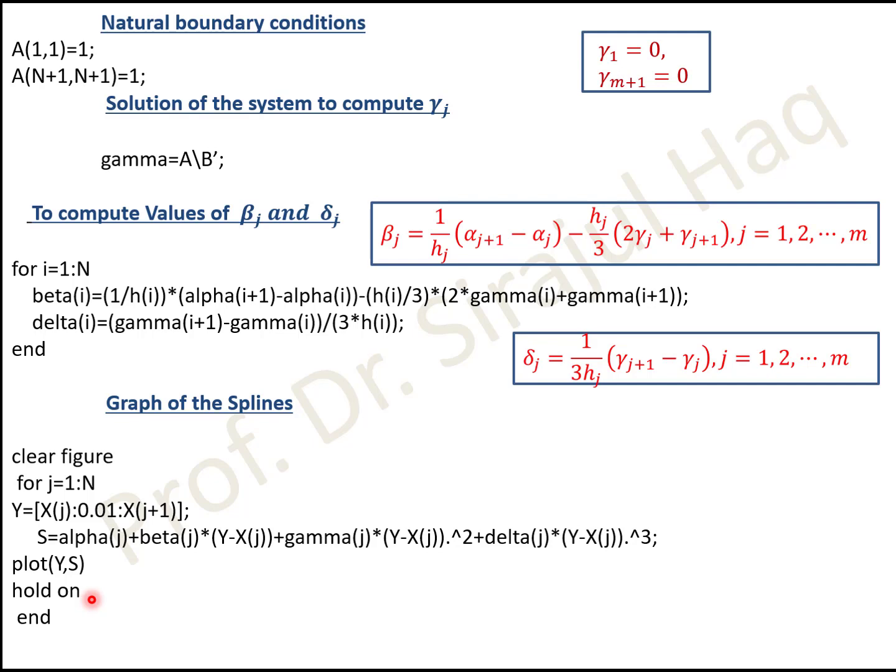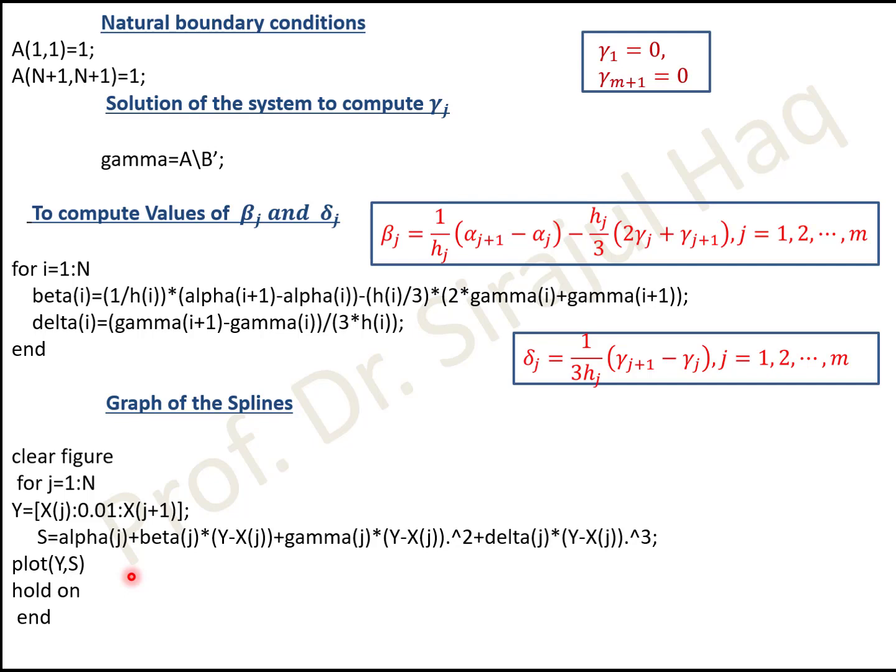And you will see that your plot, if there is no mistake in your programming, will be a smooth and continuous curve. So what we did in this case, we constructed the splines using the MATLAB code and got a smooth and continuous curve, which you were looking for.